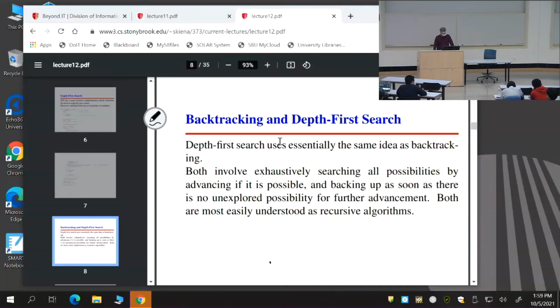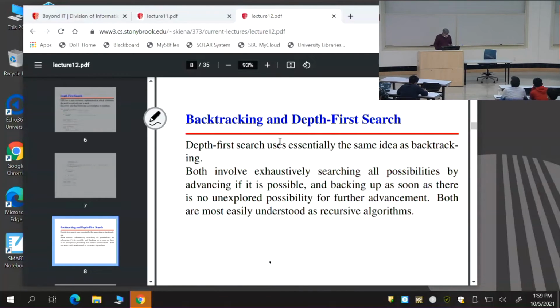In a few weeks, we are going to talk about backtracking, which is a technique for doing exhaustive search of all possibilities, for solving things like the traveling salesman problem. I'll talk about this when we get to backtracking.